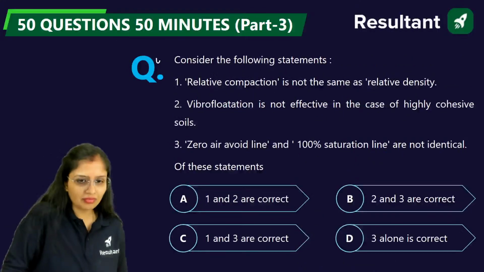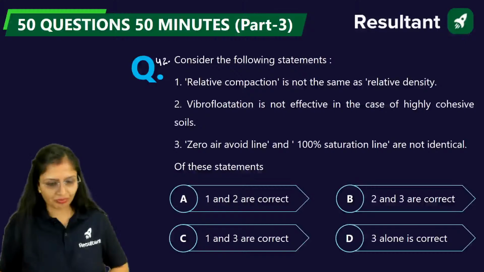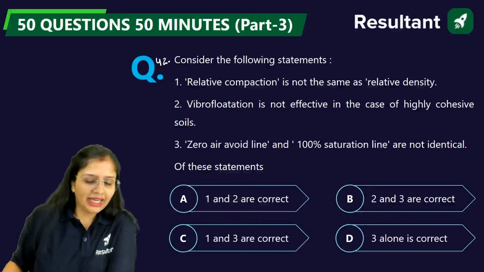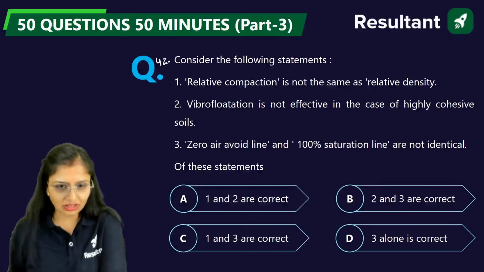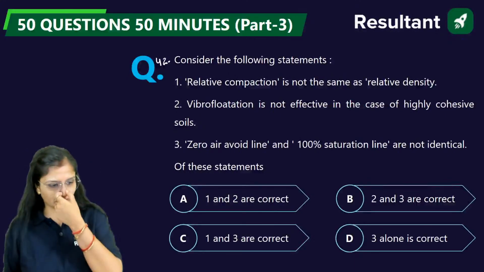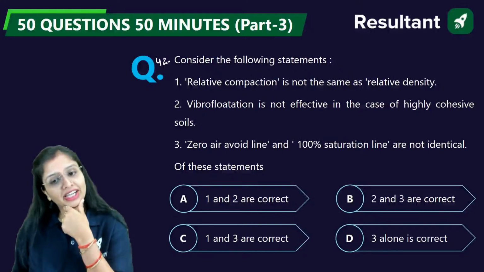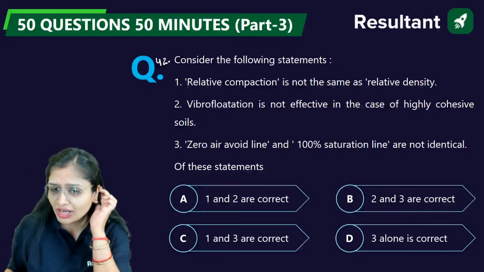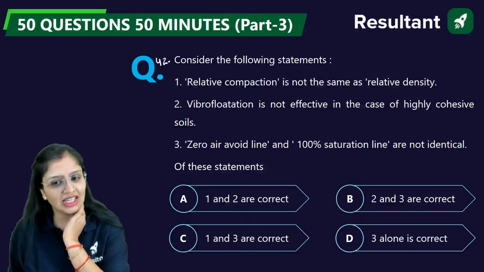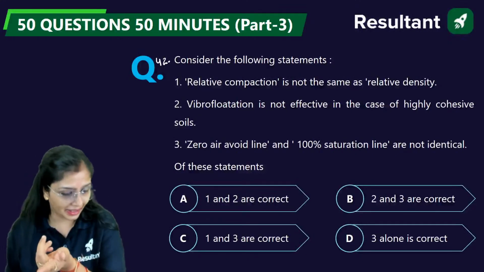Okay. Question number 42. Relative compaction is not the same as relative density. This is a question which has been asked already. Vibroflotation is not effective in the case of highly cohesive soils like clay. Zero air void line and 100% saturation line are not identical.